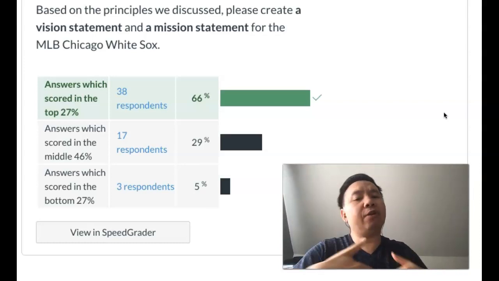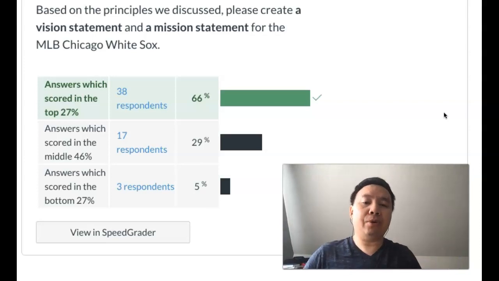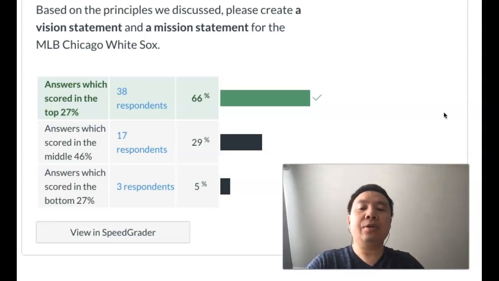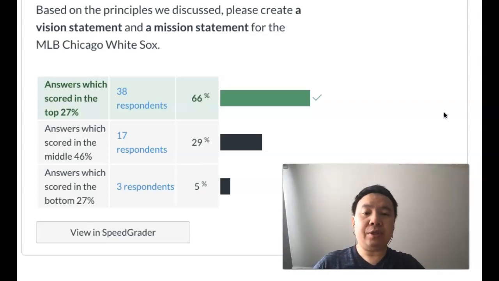Some students created a very long vision statement, which does not follow the principle we discussed in class. For the vision statement, I hope all of you create brief, straightforward statements describing what the organization will become in the future, right? This statement is normally vague and broad, because it's going to be there for a very long period of time. We're unlikely to change it.